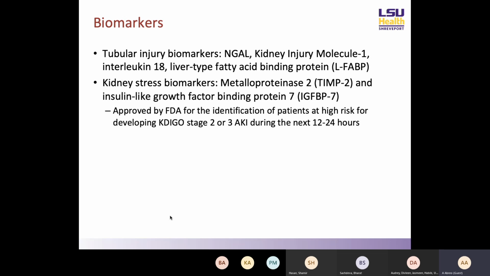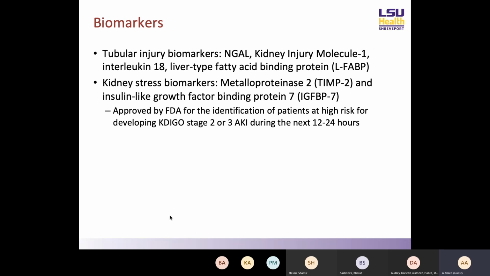And there have been a lot of candidates: NGAL, KIM-1, kidney injury molecule 1, which they've studied a lot in Boston, interleukin 18, and the liver-type fatty acid binding protein. I'm not going to go through all these in detail because they're still more or less in the research phase as opposed to the clinical phase.